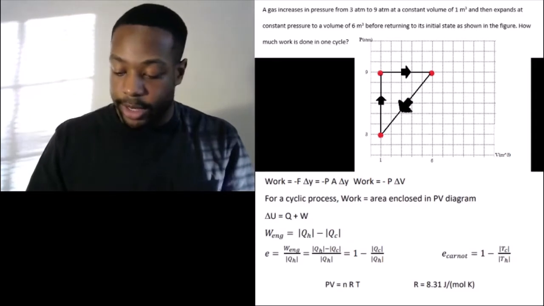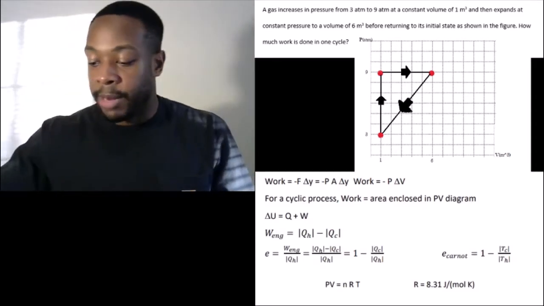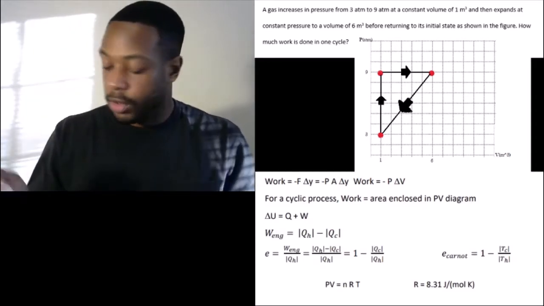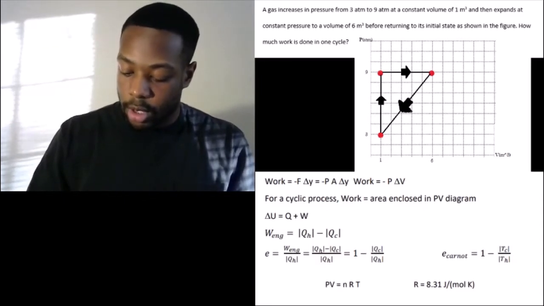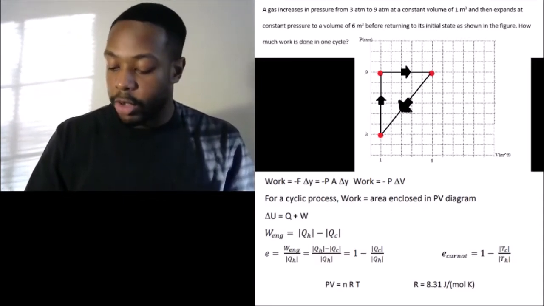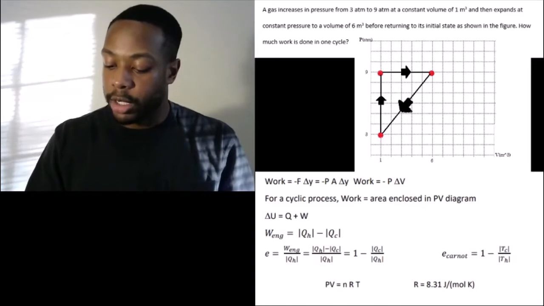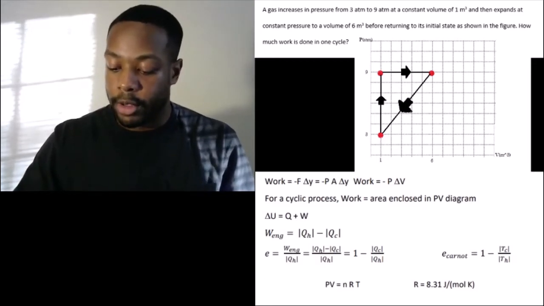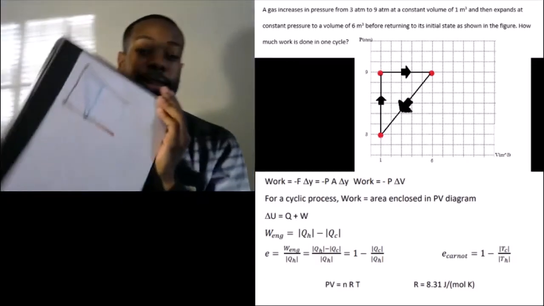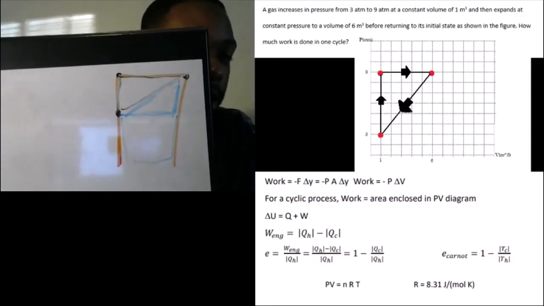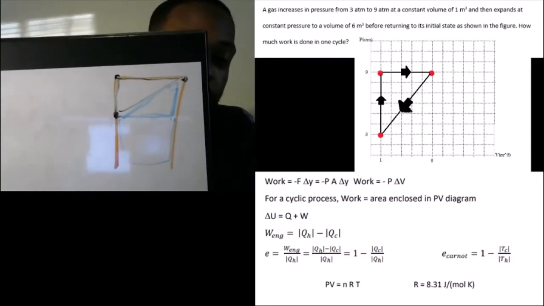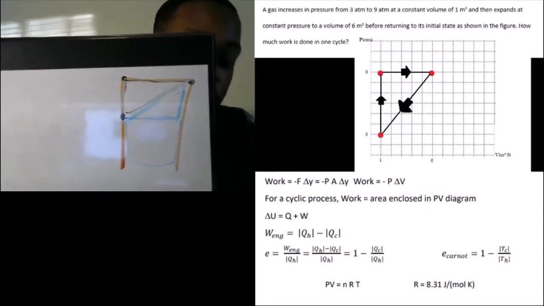So you've got that triangle, and it's made up of another triangle and another rectangle. So we've got that triangle at the top. We've got a triangle right under it, and a rectangle beneath both of those, right?